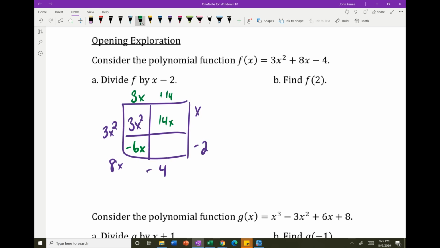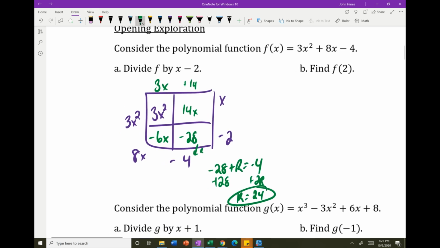So I need a plus 14, minus 28. Well, what's my remainder? Negative 28 plus my remainder has to give me negative 4, so I'm going to add 28 to both sides, which gives me a remainder of 24. So my answer is 3x plus 14 plus 24 out of x minus 2.